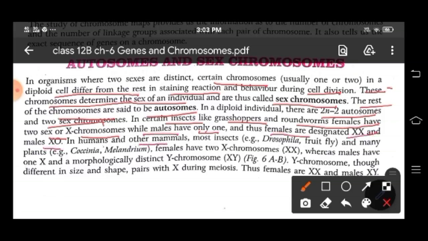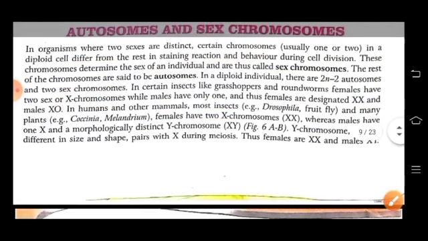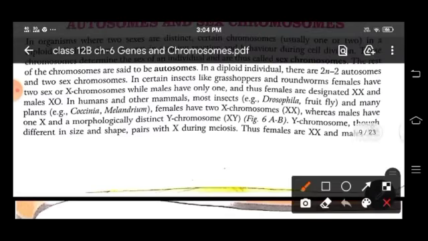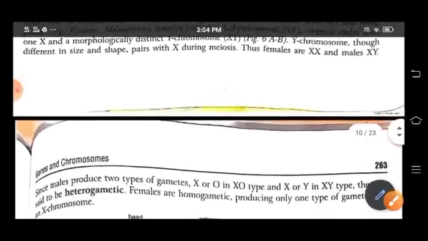In humans and other mammals, most insects and many plants, females have 2 X chromosomes, whereas males have 1 X and 1 Y chromosome. The Y chromosome is different in shape and size, and it pairs with X during meiosis. Thus females are XX and males are XY.